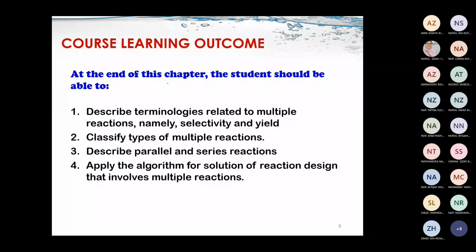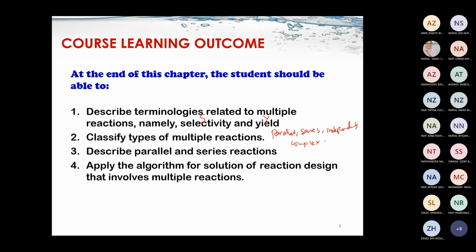At the end of this chapter, the student should be able to describe terminologies related to multiple reactions, namely selectivity, S, and yield, Y, and classify types of multiple reactions, whether parallel, series, independent, or complex.